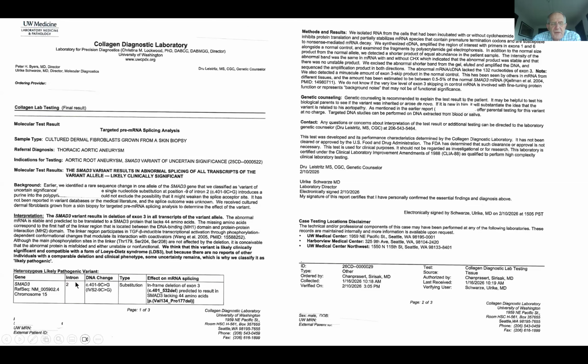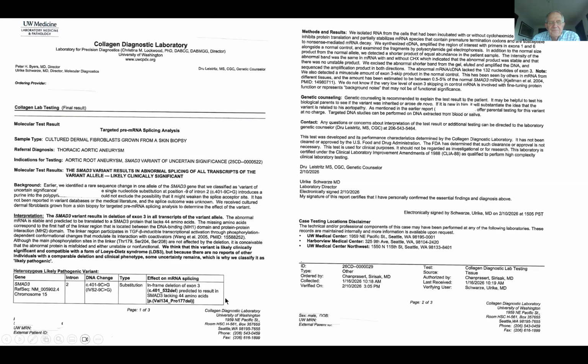So it's up 9. And does it do anything? Well, in fact, we were able to do a test and say, yes, it does. It's predicted to result in exon skipping. So it says it now doesn't recognize this and does something different.